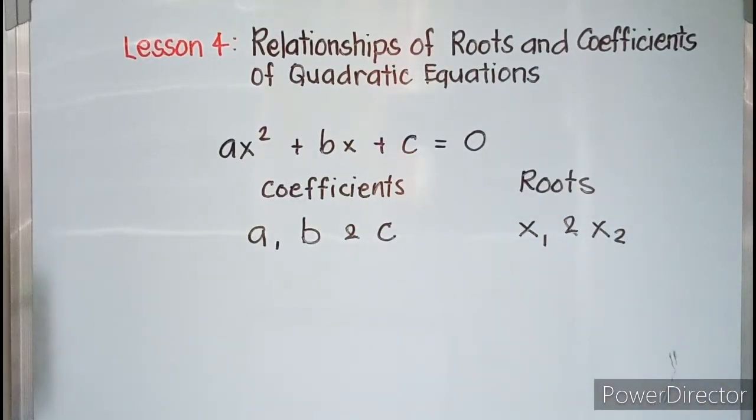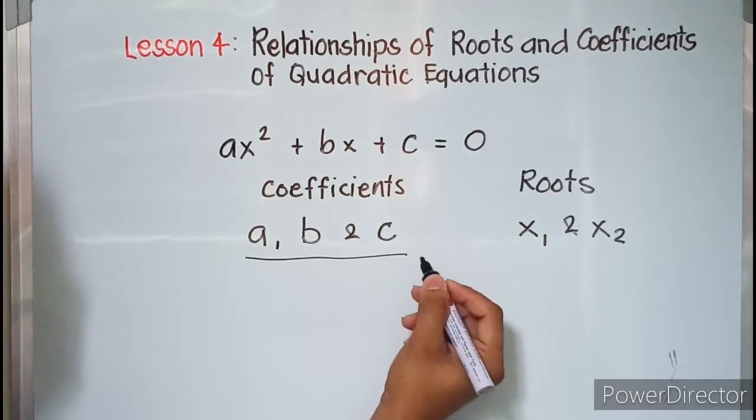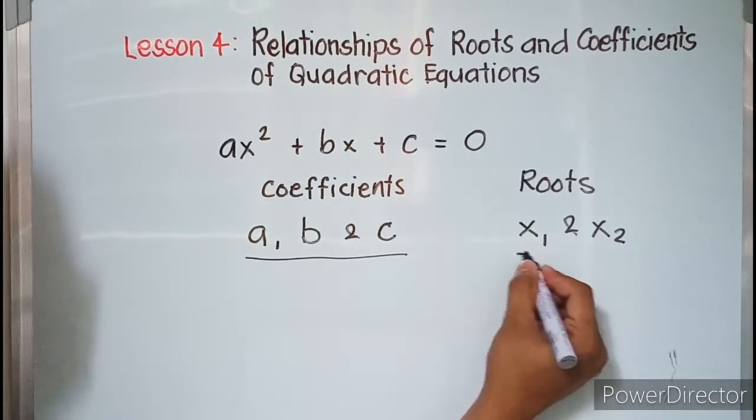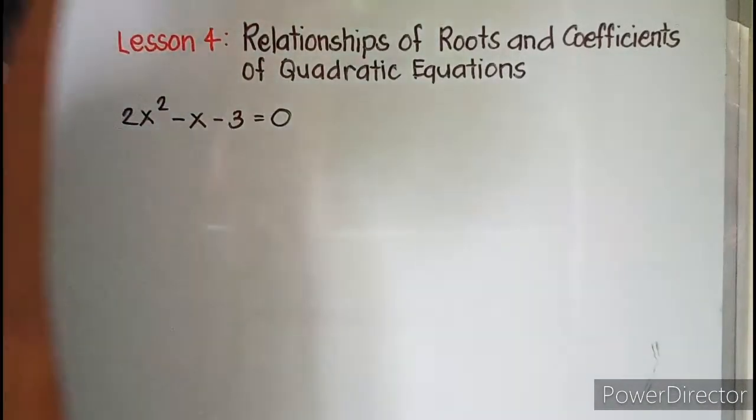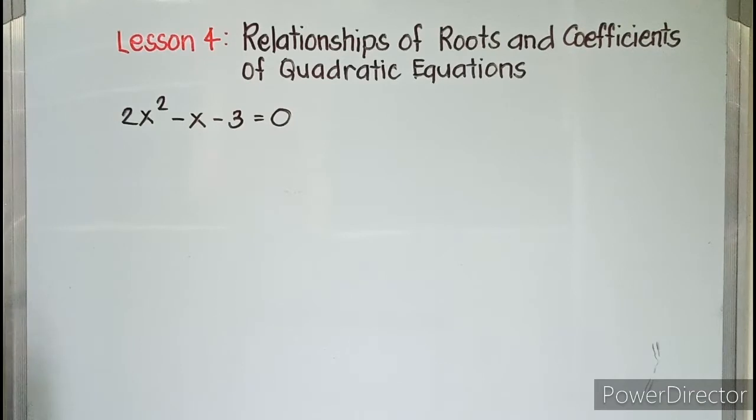Dito sa lesson na to, aalamin natin ano ba ang relationship ni coefficients a, b, c kay roots na x sub 1 at x sub 2. Using this example, I will show you the relationship of the coefficients a, b, and c and the roots x sub 1 and x sub 2.